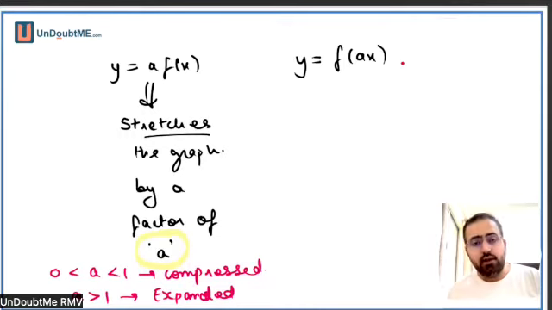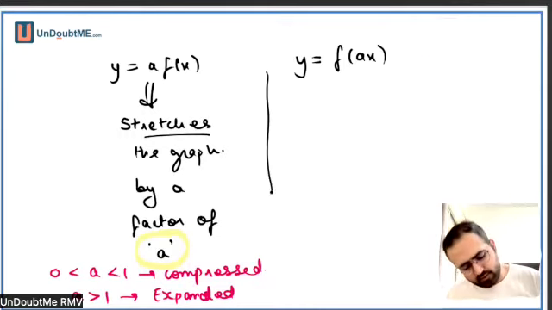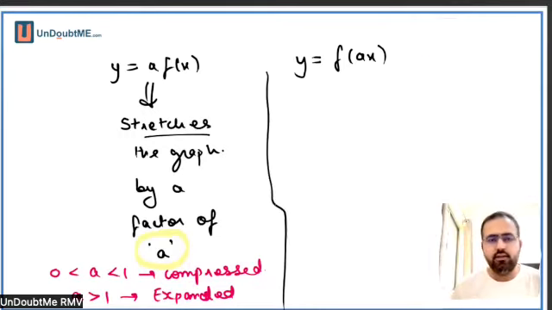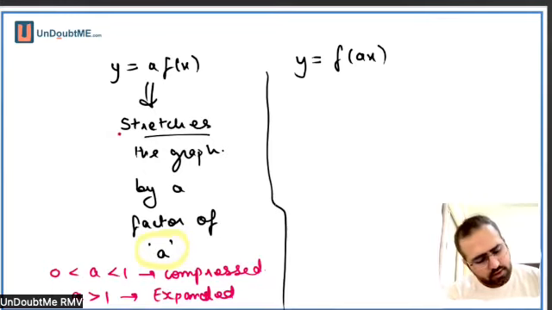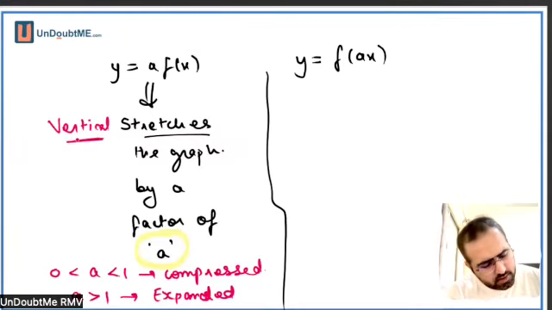Okay, when it is f of ax, can anyone guess what can happen in f of ax? Only one of the axes increases.